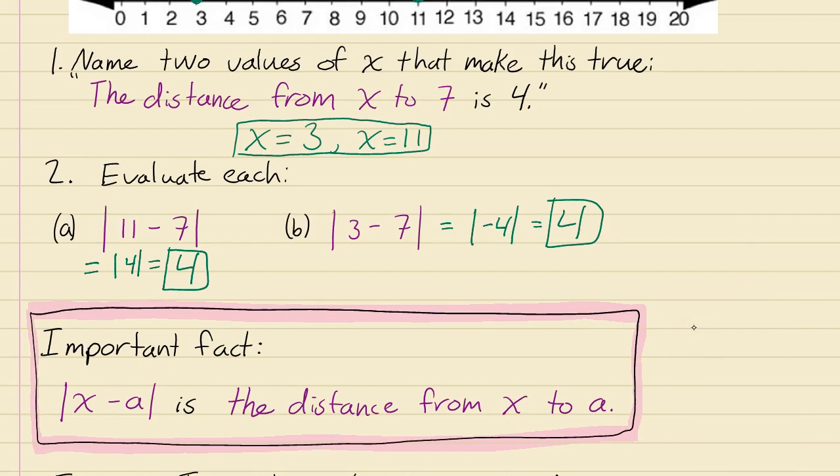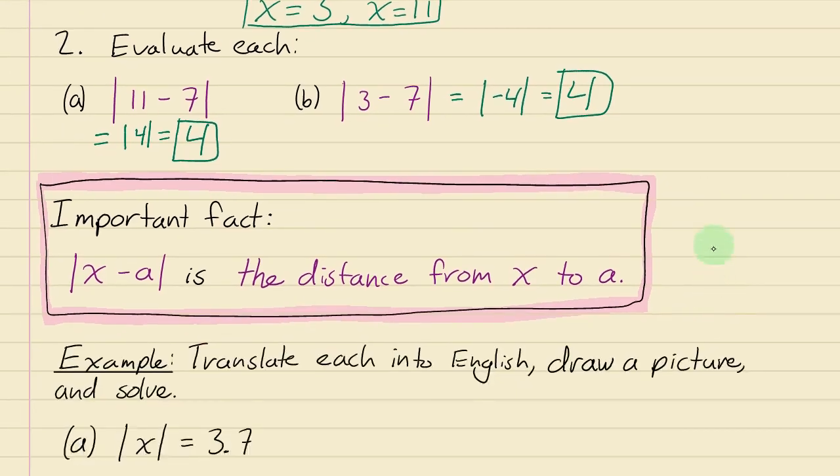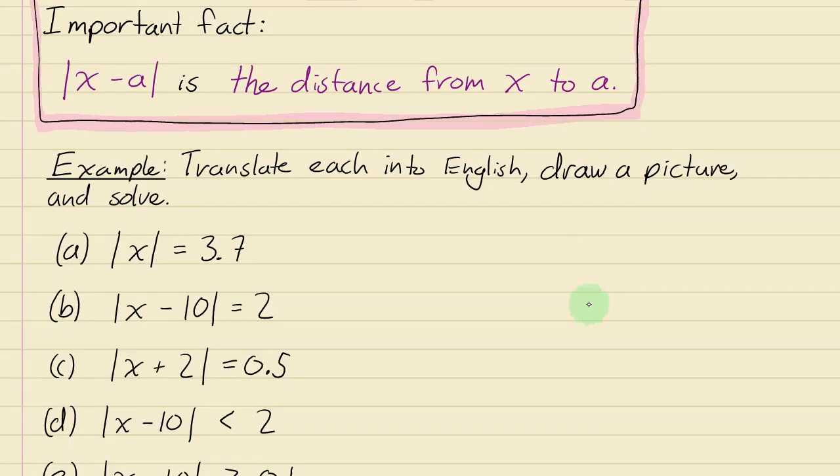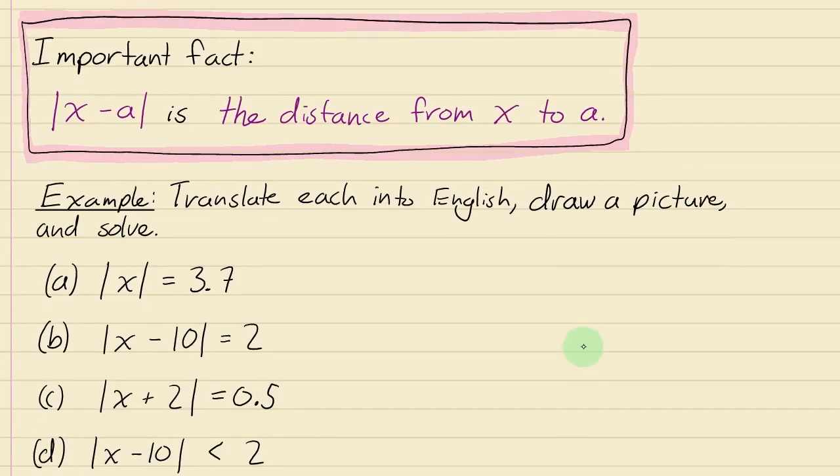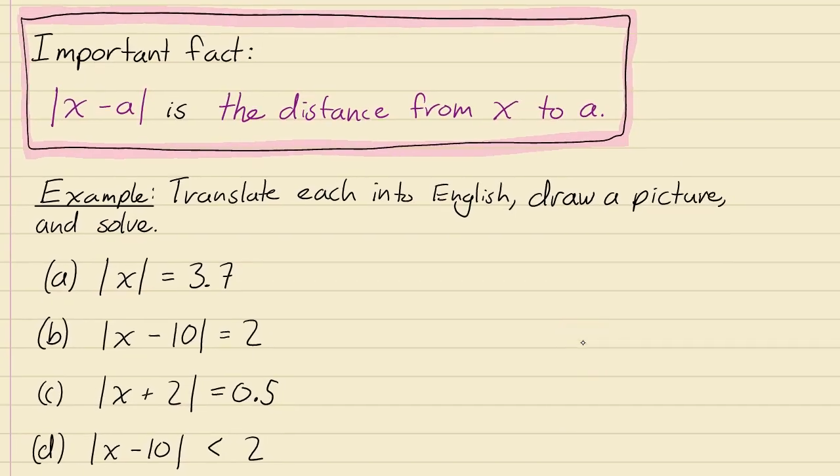Let's do an example now of using that fact to solve some weird kinds of equations. This is a thing that comes up a lot in the sciences when you want to talk about how far a number is from another number, whether you go left or right. It's actually a thing that comes up a lot in statistics and in different kinds of science classes.